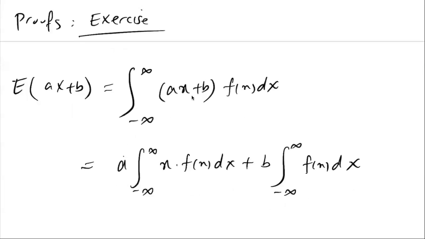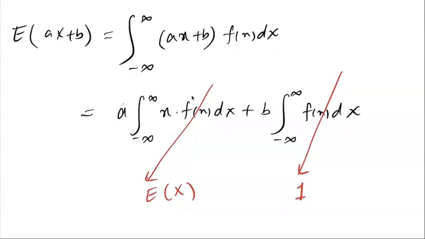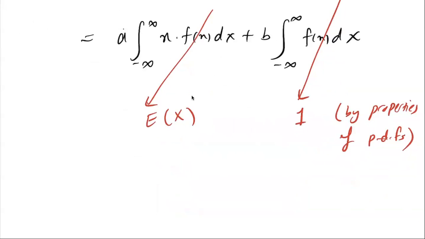And then this one, we defined as the expected value of X. This one, we know that it's 1 by properties of PDFs. And therefore, the answer can be written as a times the expected value of X plus b.